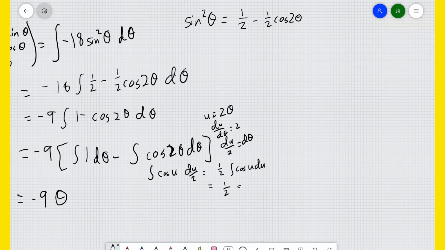The integral of cosine is sine, so sine of u, and u being 2 theta. So sine of 2 theta. That's that integral. So minus 1/2 sine of 2 theta. I forgot I need to multiply that -9 by that also, so minus 9/2 sine of 2 theta.